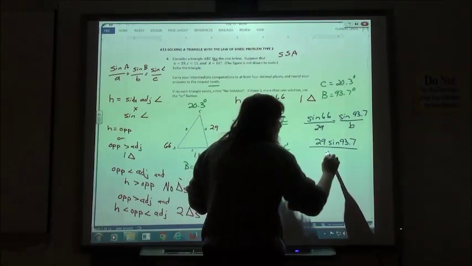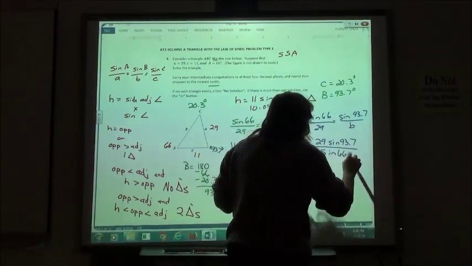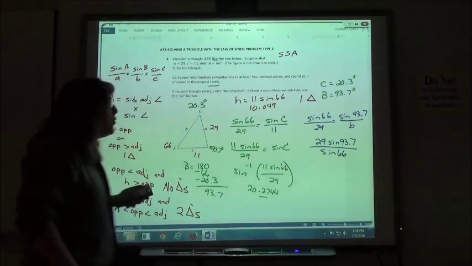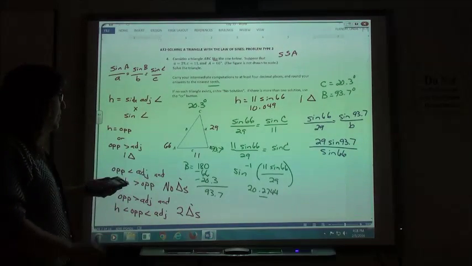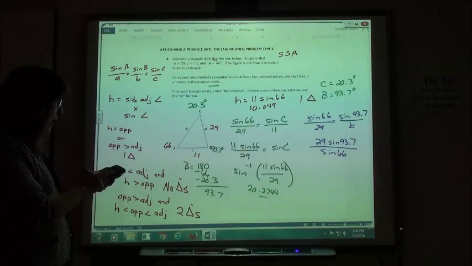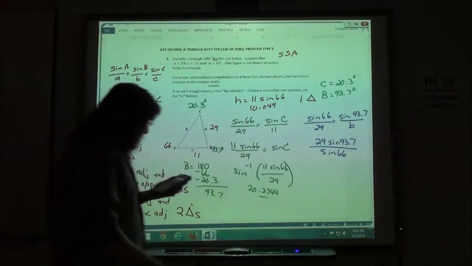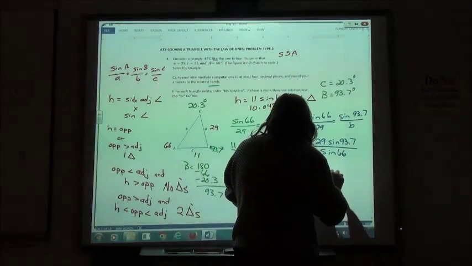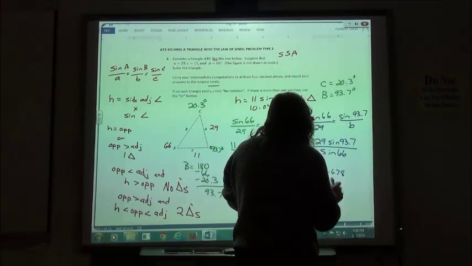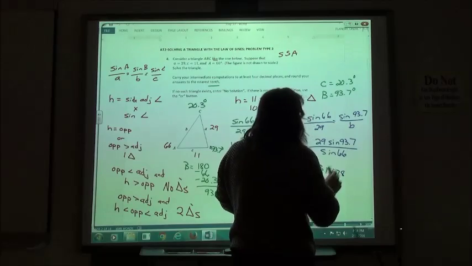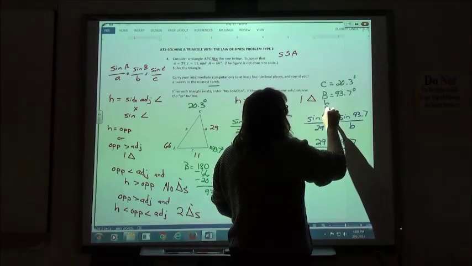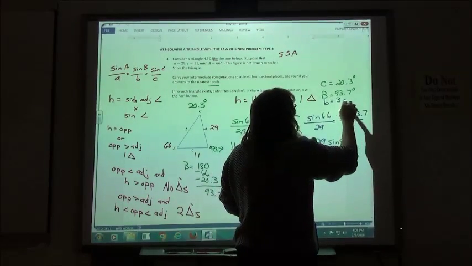I'm going to end up dividing by the sine of 66, like I did on problems 1, 2, and 3. And I'm going to punch that into my calculator. So 29 sine of 93.7 divided by the sine of 66 gives me 31.678. Again, I'm rounding to the nearest tenth, so side B is going to be 31.7.